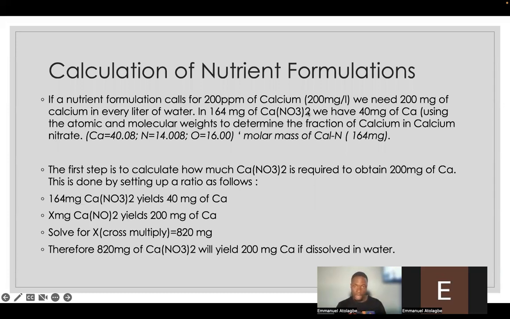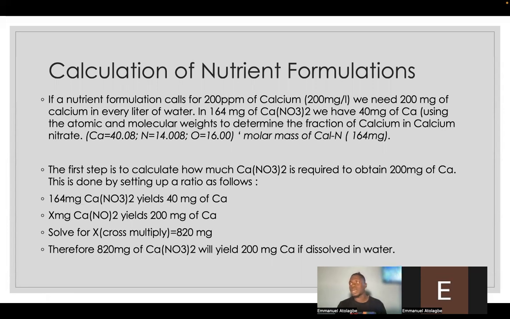This subscript 2 just means that you have nitrogen here as a dimolecule, but your calcium in essence is 1 atom. So what is the atomic mass and molar mass of calcium? You have it to be 40. You have it to be 40.